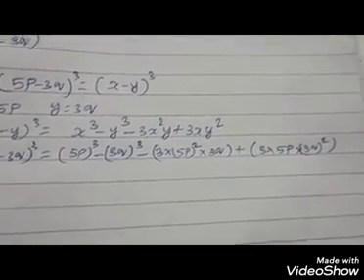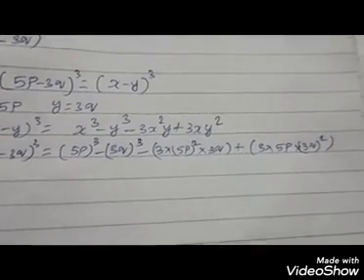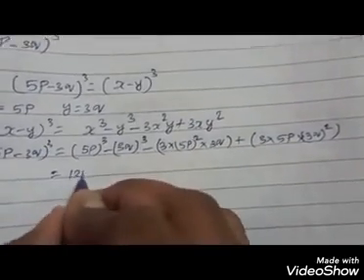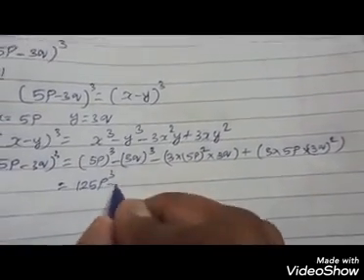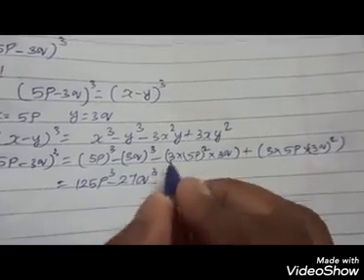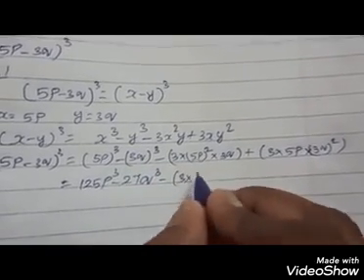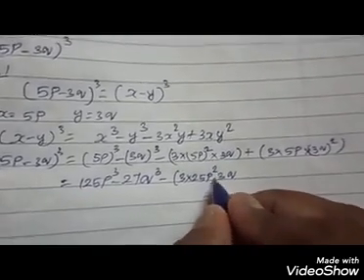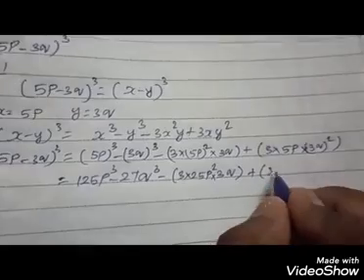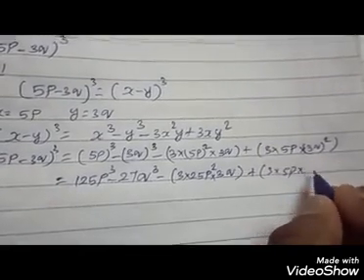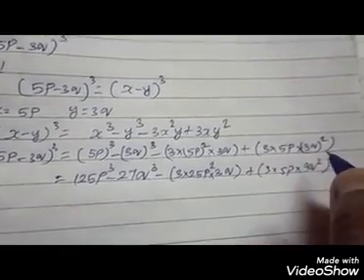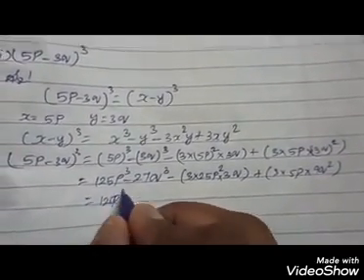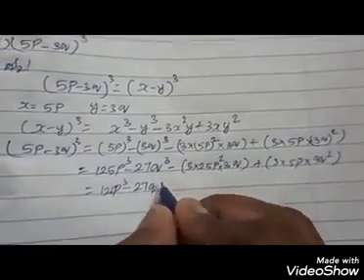What is the value of 5 cube? 5 cube means 5 into 5 into 5. 5 5s are 25, 25 into 5, 125. So 125 p cube minus 27 q cube minus 3 into 25 p square into 3q plus 3 into 5p into 9q square.